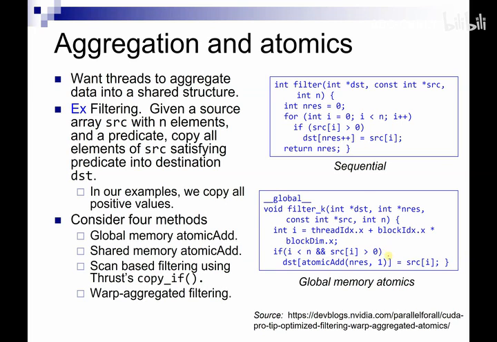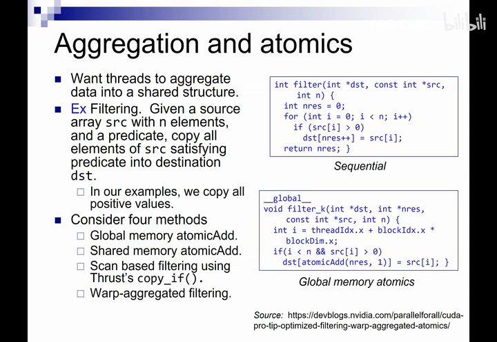And if it is, then it's going to copy that source value into the destination at location nres. So nres is basically the current number of positive elements that the threads have found. After copying it into the nres location, we need to increment nres, because we found another positive element, and we use atomic add to do that.